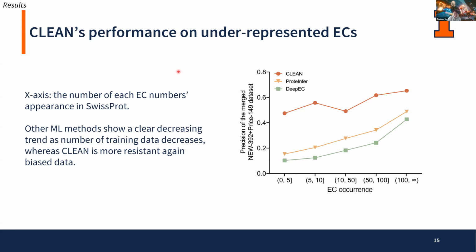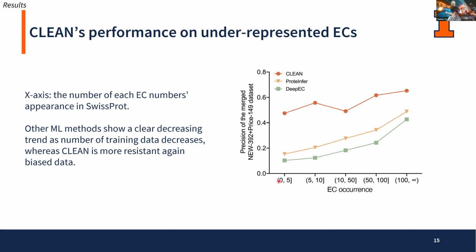Furthermore, we dived a little deeper into why CLEAN's performance is better than others. Especially, we think it's because contrastive learning can handle the underrepresented EC numbers better. It handles the data imbalance issue better. Therefore, we plotted the combined new dataset and Price dataset based on different bins of EC number appearance in the SwissProt database.